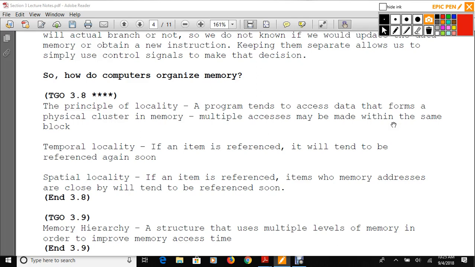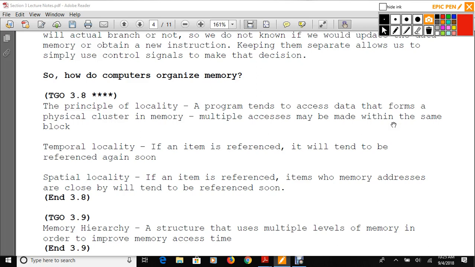And spatial locality: if an item is referenced, items whose memory addresses are close by tend to be referenced soon. In this specific case, let's say that I ask for your value, and then we perform some sort of operation. Odds are good that, based on the way memory is clustered, the variables nearby are going to be what I'm asking for next.